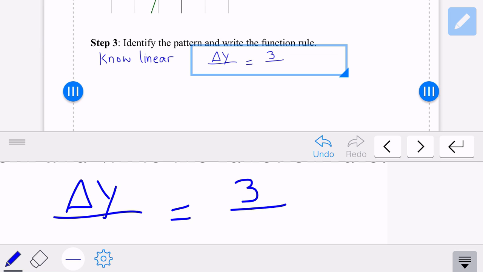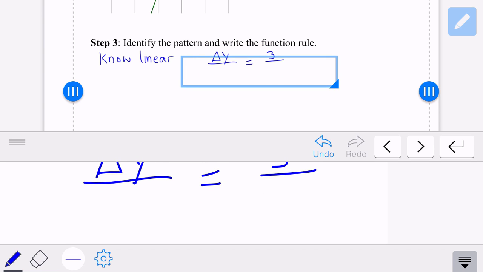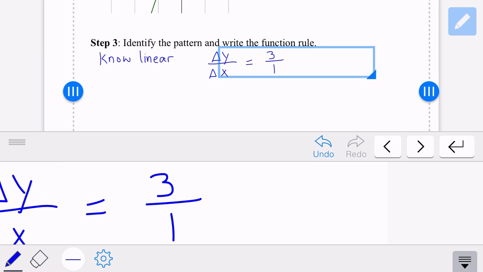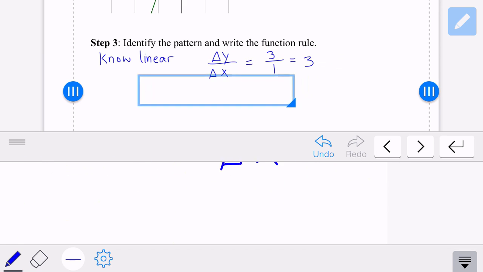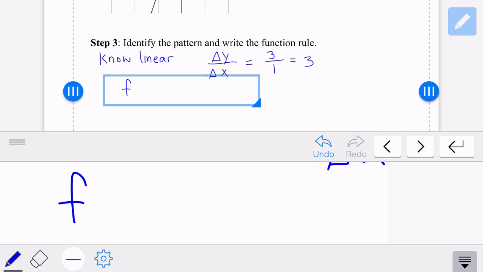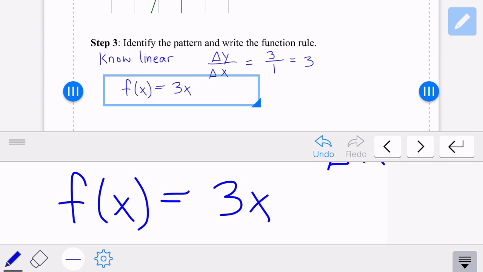That would go on my top. My change in x is 1. So 3 over 1, that's just going to be 3. Remember, that's the number that goes in front of the x. So our function, let's just say f of x, we know is going to have a 3x in it.